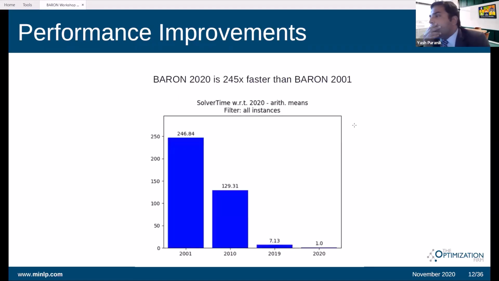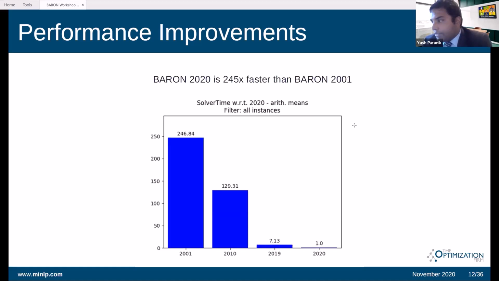The question we often get about this is that, of course, Barron relies on linear and nonlinear solvers during its search, and of course, all of them have made tremendous progress down the years. For instance, we know that when Cplex releases its benchmarks, they have made a tremendous amount of progress over the last 10, 20 years. So how do we know that this improvement is not from Cplex alone?